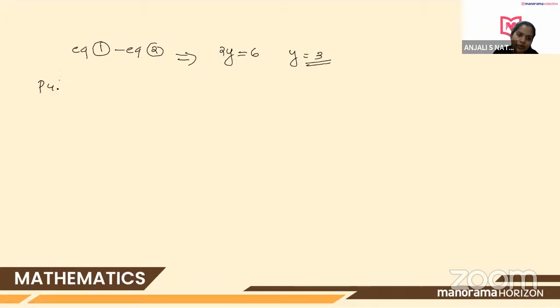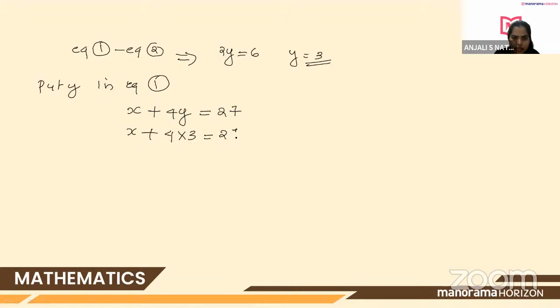Then put y in equation 1. That is x plus 4y is equal to 27. That is x plus 4 into 3 is equal to 27, and x is equal to 27 minus 12, which is equal to 15.